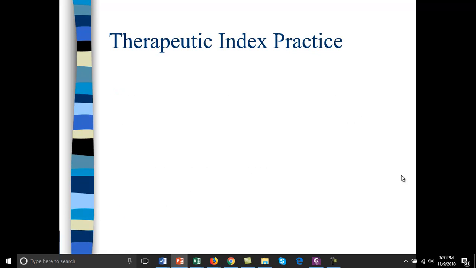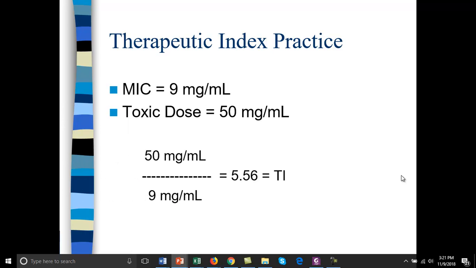Okay. So let's say our minimum inhibitory concentration of the antibiotic was 9 milligrams per milliliter, excuse me. And our toxic dose, the dose that is going to kill humans, is 50 milligrams per milliliter. So we simply take the toxic dose, put it in the numerator, and the minimum inhibitory concentration, put it in the denominator, and then we calculate the therapeutic index of 5.56.